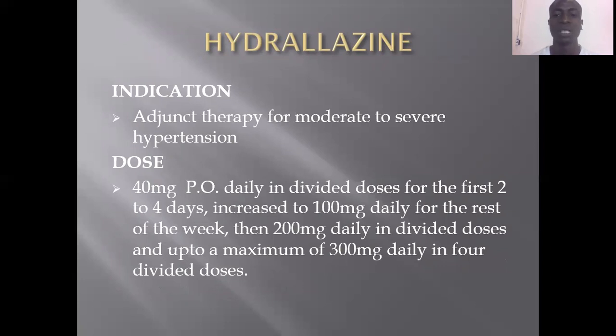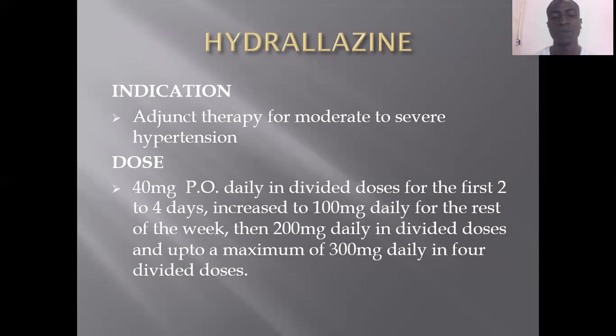So hydralazine indication: you give it in moderate to severe hypertension. Dose is 40 milligrams per oral in divided doses for the first 2 to 4 days. You can increase to 100 milligrams for the rest of the week.